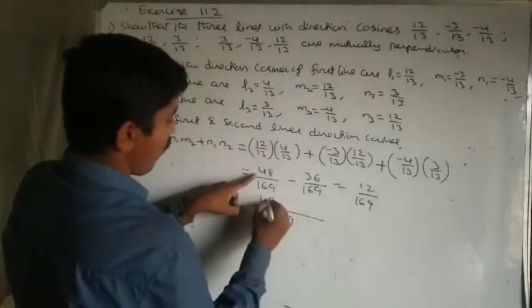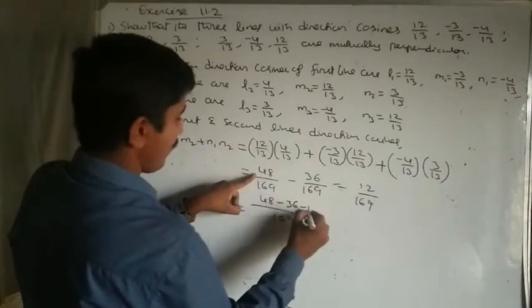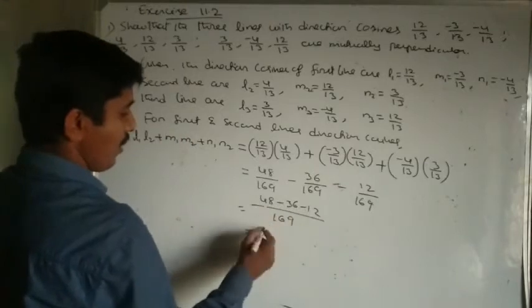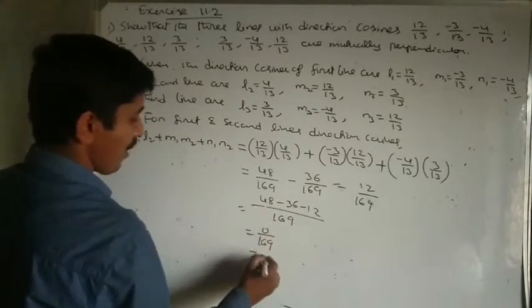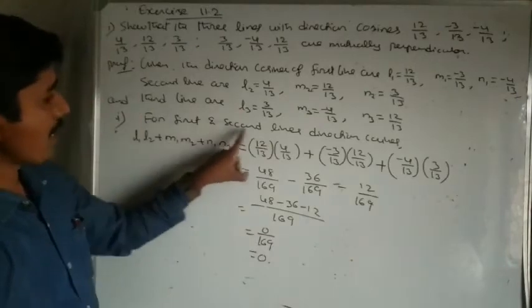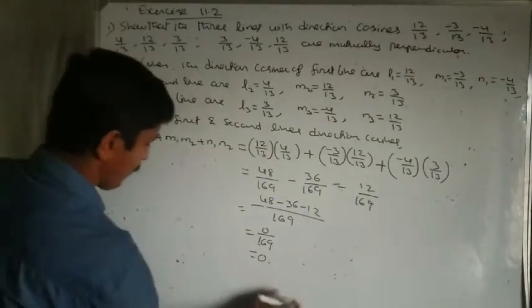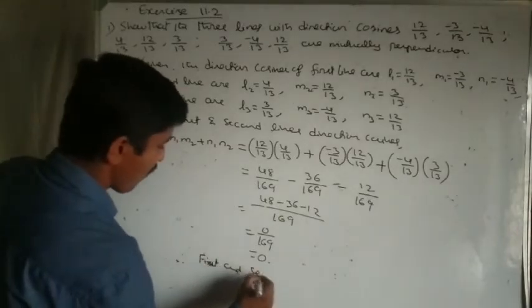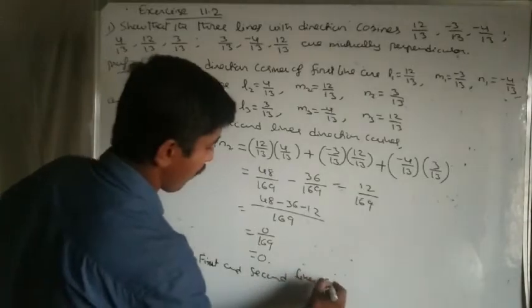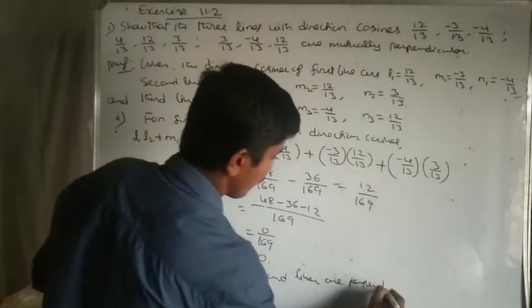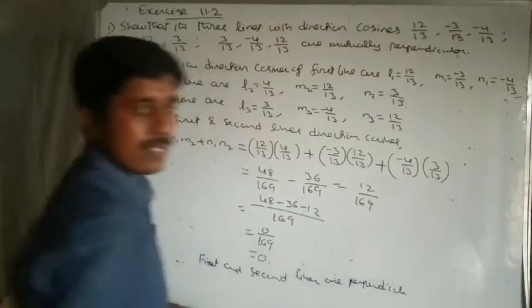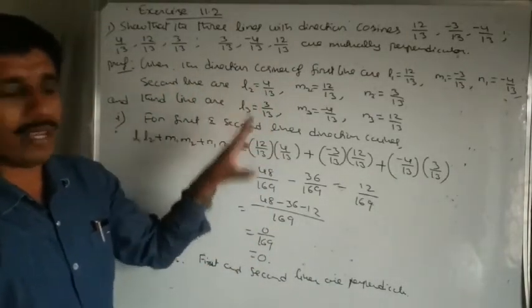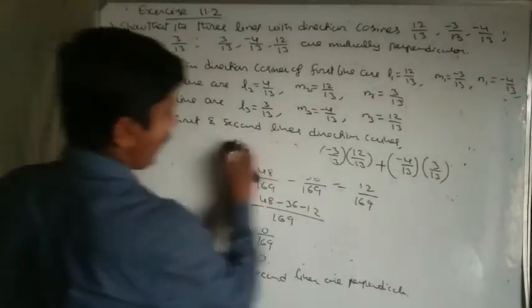Adding numerators, 48 minus 36 minus 12, minus 36 minus 12 plus 48, 0. 0 by 169, 0. Correct. Means clearly first and second lines are perpendicular. Therefore, first and second lines are perpendicular. Got it. Similarly, prove that second line and third line are perpendicular. Second I am taking next.